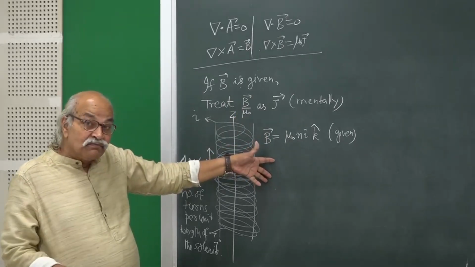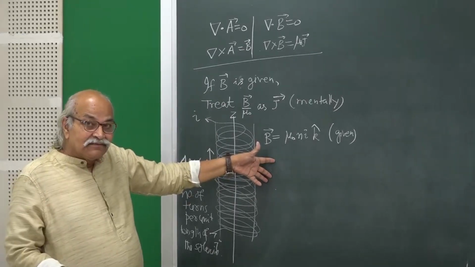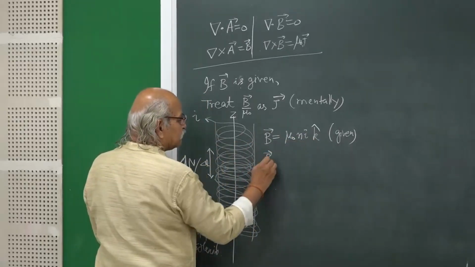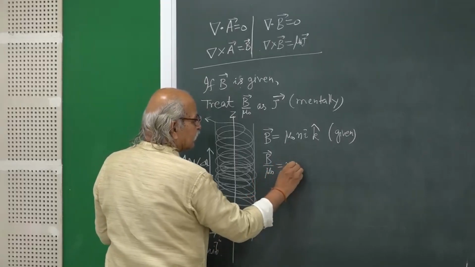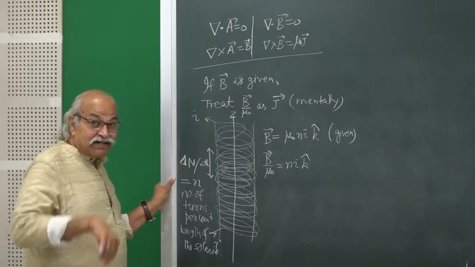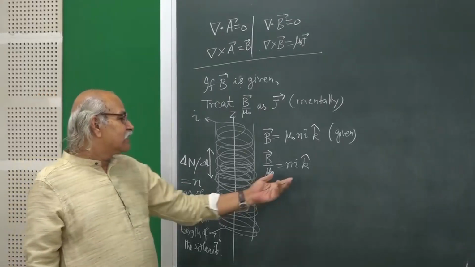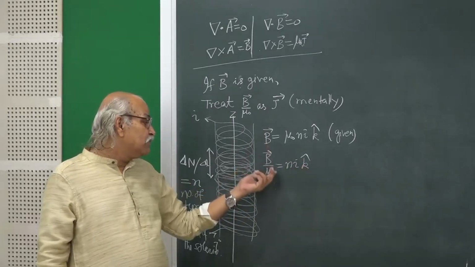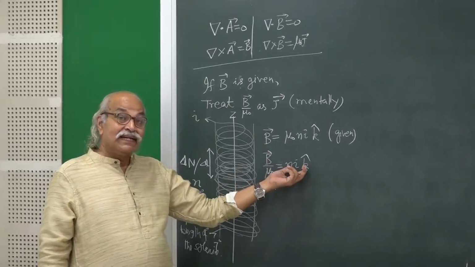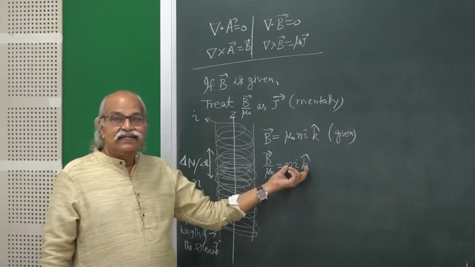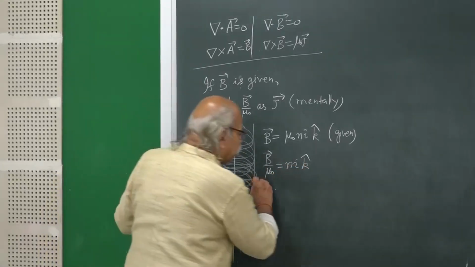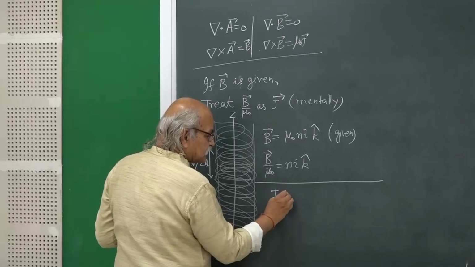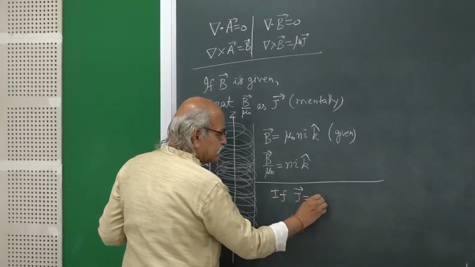So, we take mentally this expression, B by mu naught, which is n I k cap, and we pretend that this expression is the current density J. Whatever B by mu naught is, we pretend that this is the expression for the current density J. This is our virtual calculation.